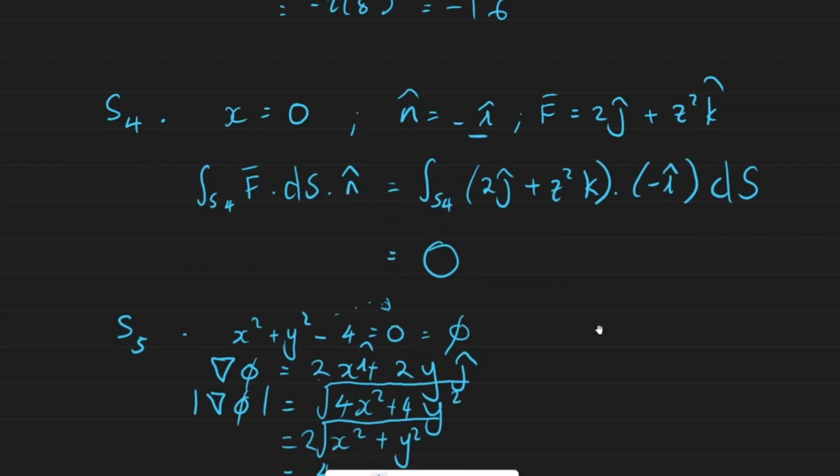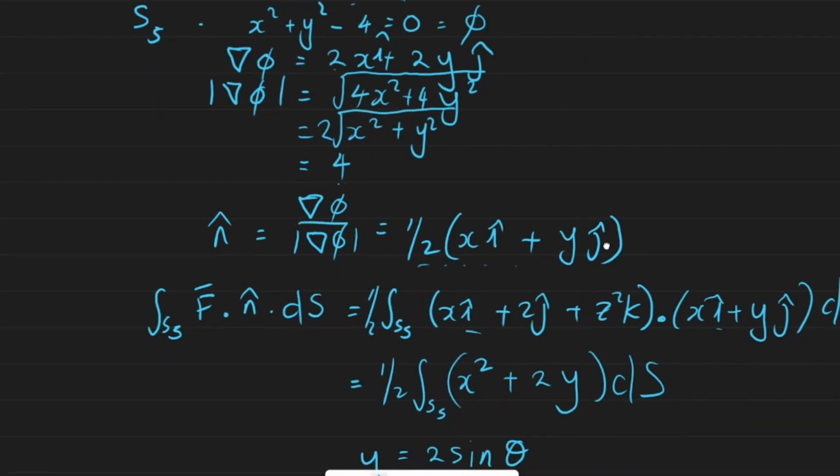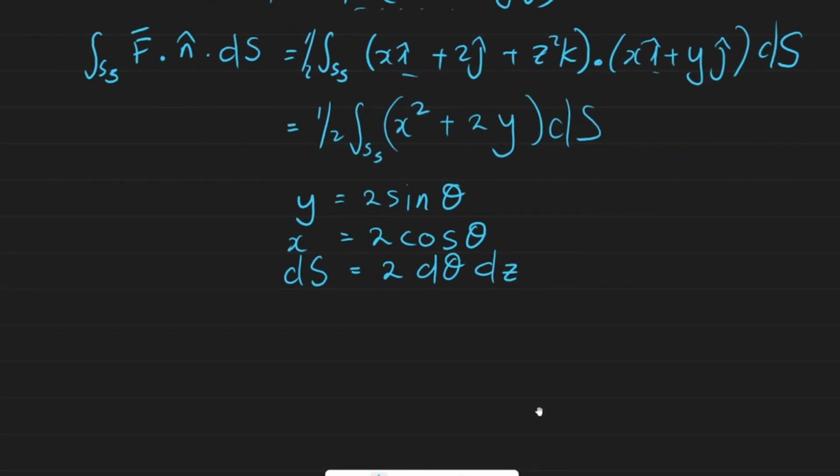So proceeding in this manner, it's a fairly straightforward integral to evaluate at this stage. So when we do that, we have the integral of F dot n dS, that's our surface integral definition. And now putting all of these things in, we have a half into our double integral, z going from 0 to 4, theta going from 0 to pi over 2, and we have x squared.